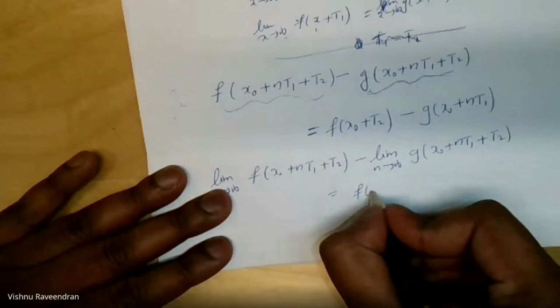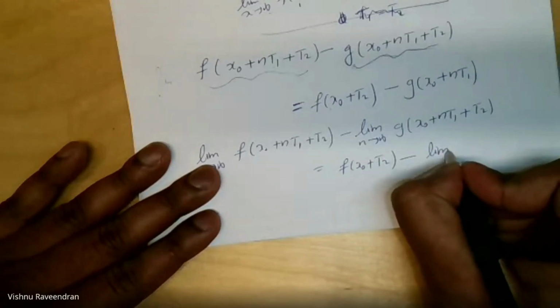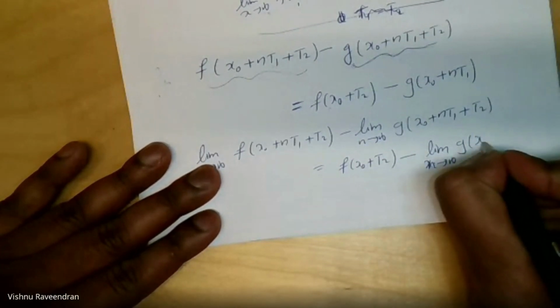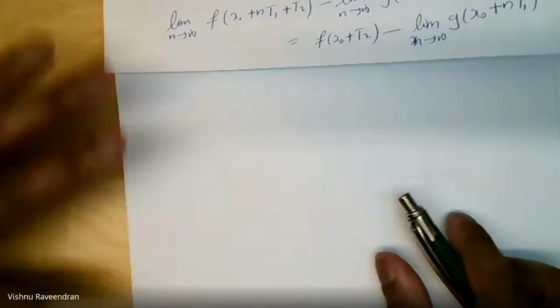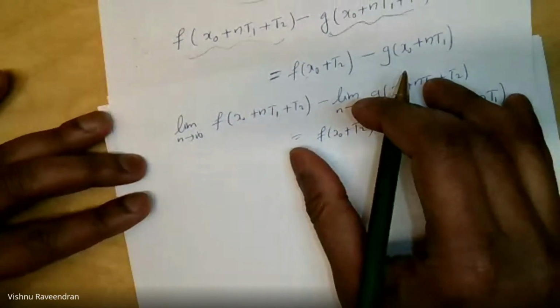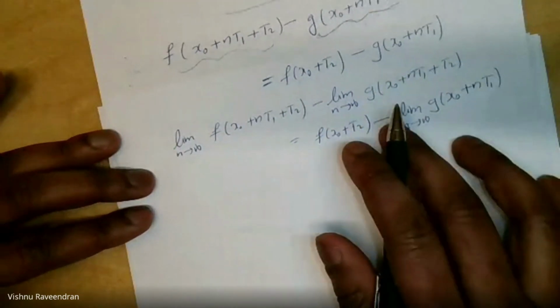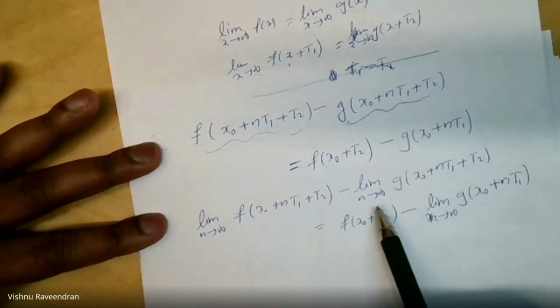It will be just f of x naught plus t2, and here limit n tends to infinity g of x naught plus nt1. This is okay, right? If you're not understanding, let me know. I can explain it one more time also. So what I did, I just wrote this thing and took the limit.